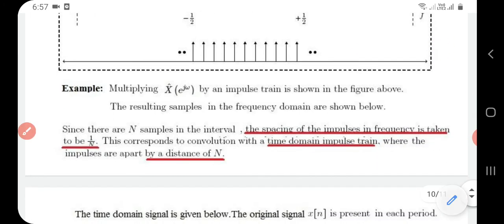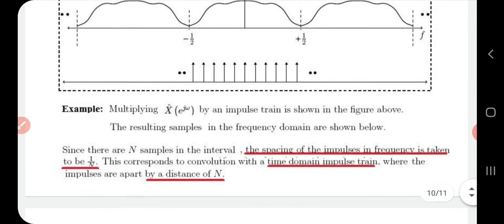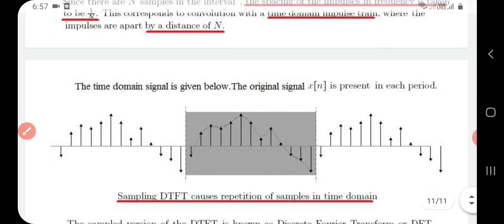Since there are N samples in the interval, the spacing of impulses will be 1 by N, and this results in a convolution in the time domain with an impulse train where the impulses are apart by a distance of N. So this is how sampling is done. The spacing between the samples is 1 by N, whereas the impulses are separated by a distance of capital N.